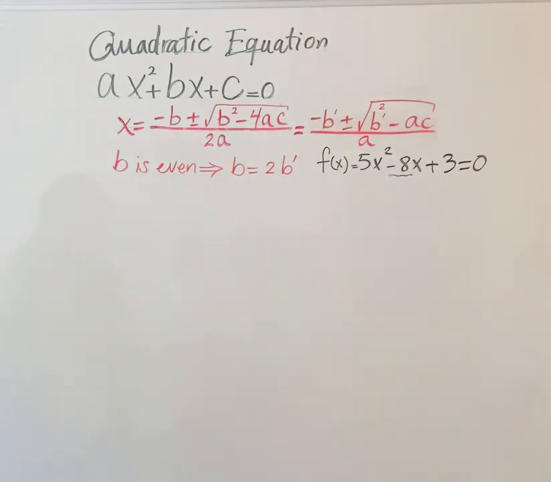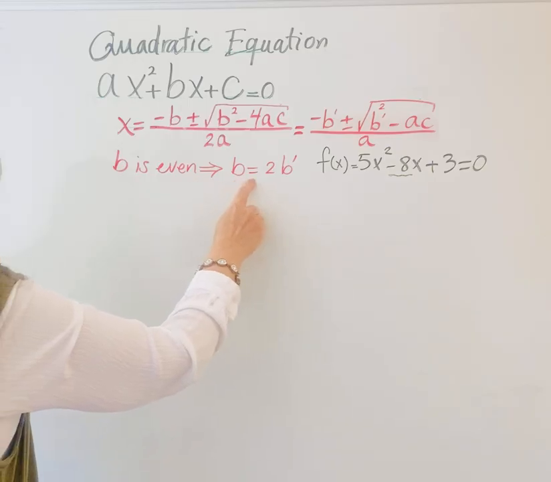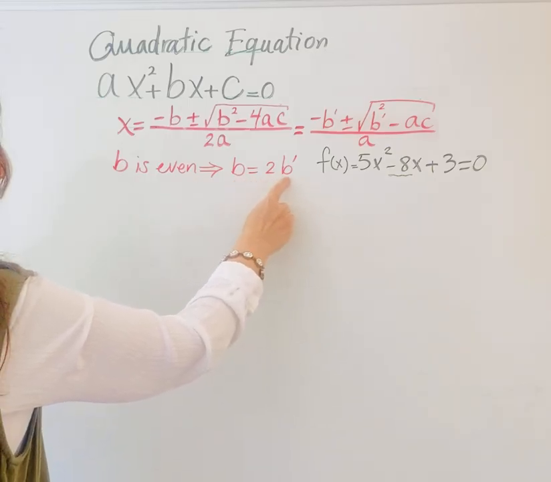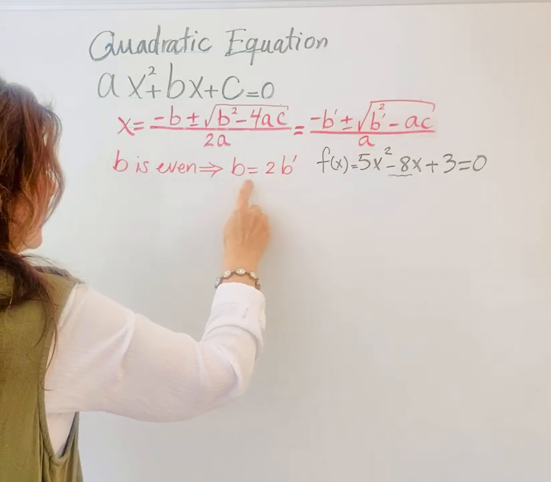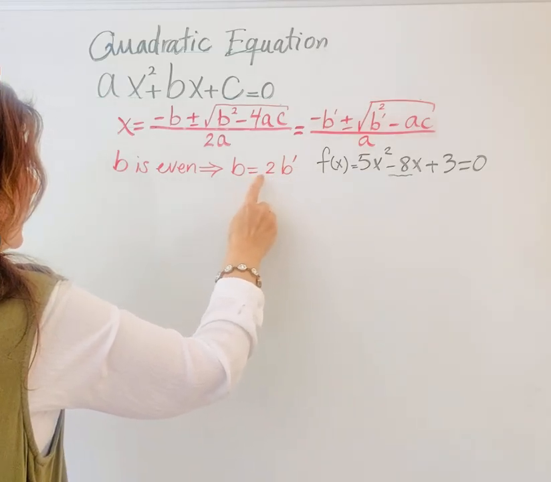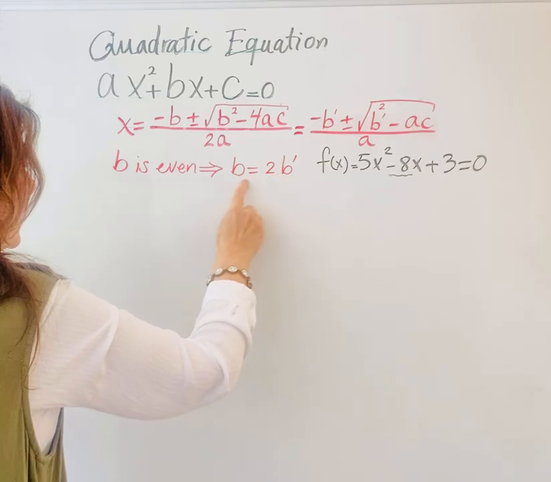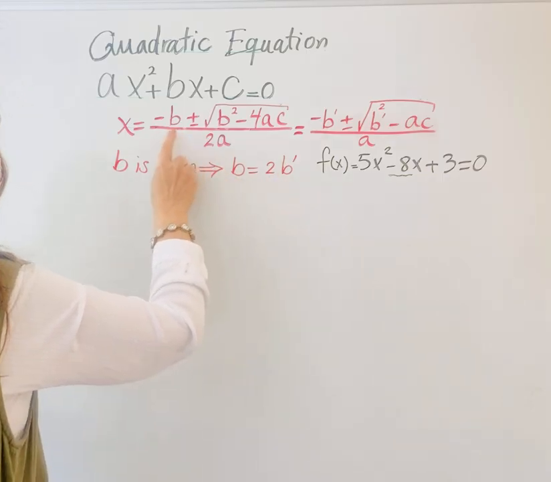Any even number can be written as 2 times half of it. If b is even, then b can be written as 2 times half of b, right? We replace b with 2b prime in this formula.